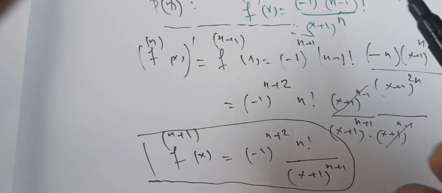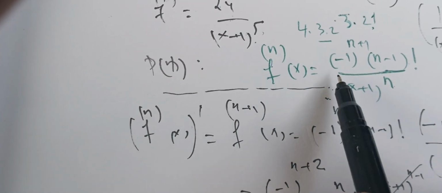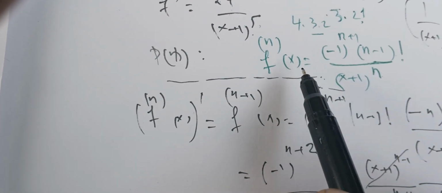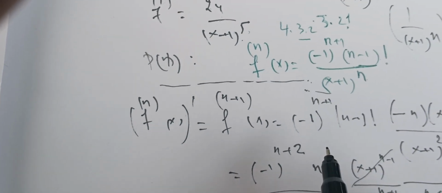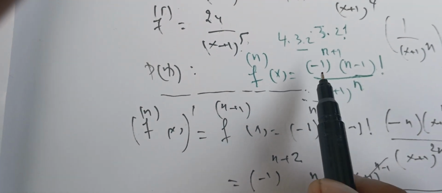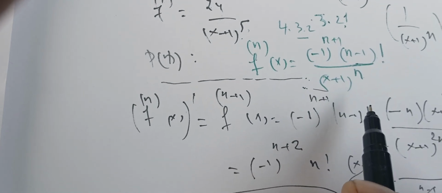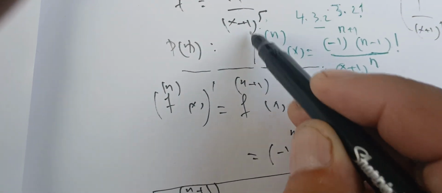We checked that this statement is true for n equals 1. We assumed it's true for n, and we showed that it's true for n plus 1. According to the principle of mathematical induction, this statement is true for any n bigger than or equal to 1. Now, what can we use this one here for?